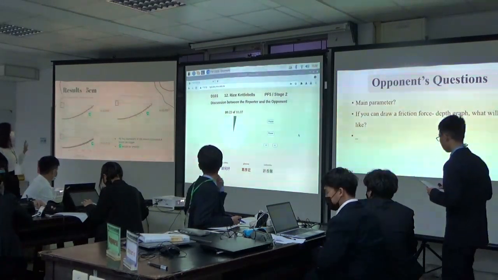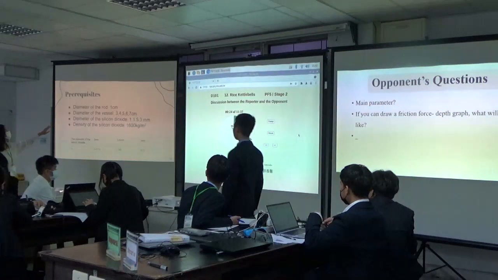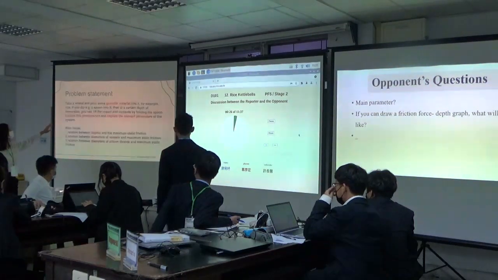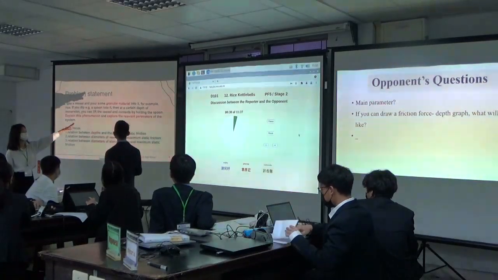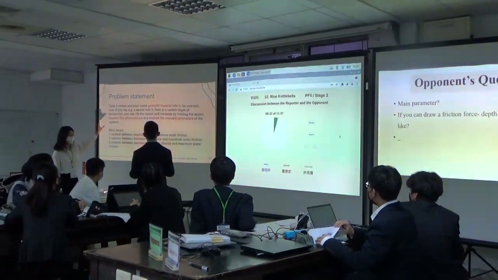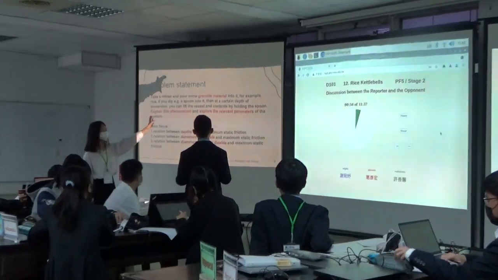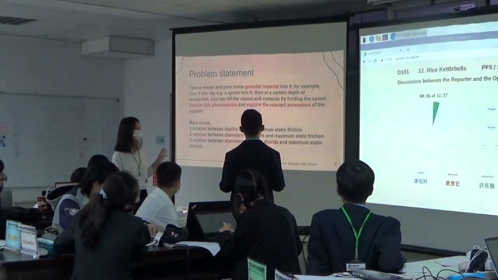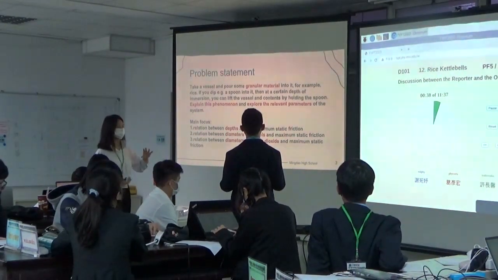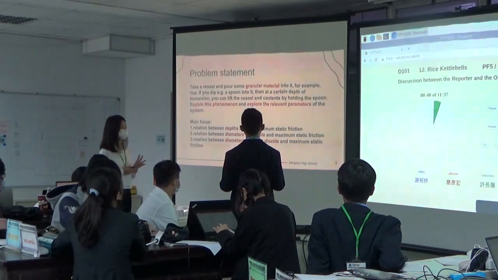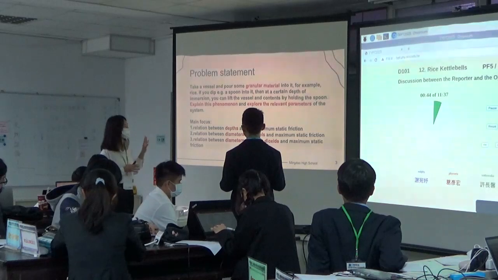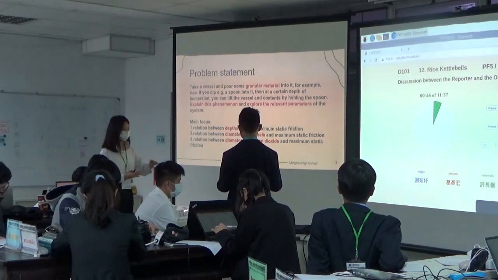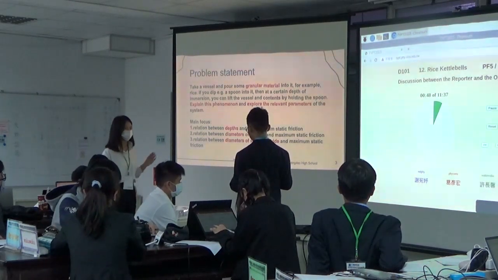Because in our opinion, the problem statement said that you want a granular material, for example, rice. For us, we use silicon dioxide because it is easier to calculate. We think that it won't matter much for the result of our experiment and theory.